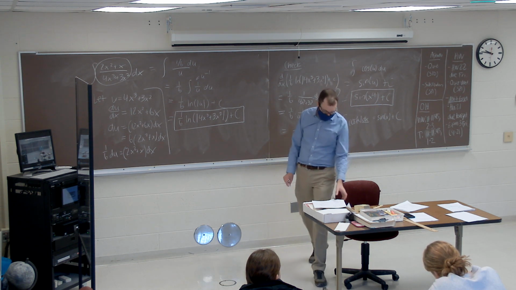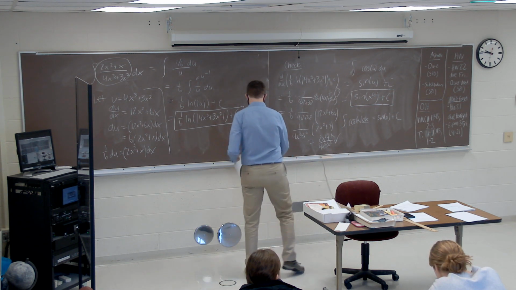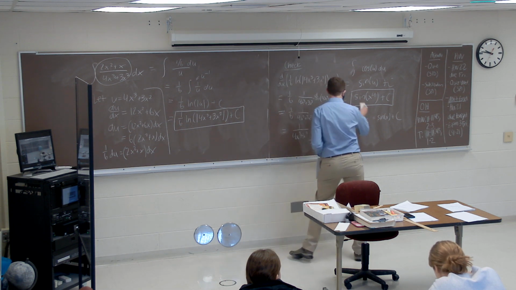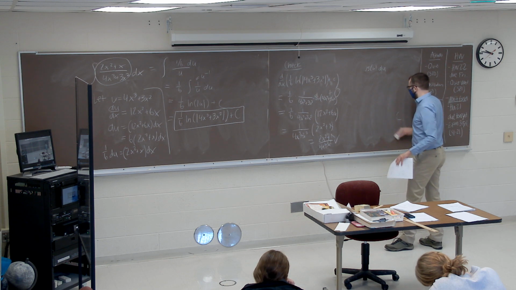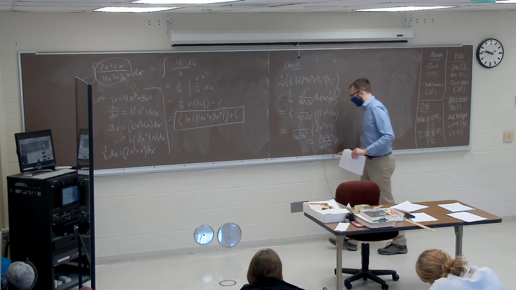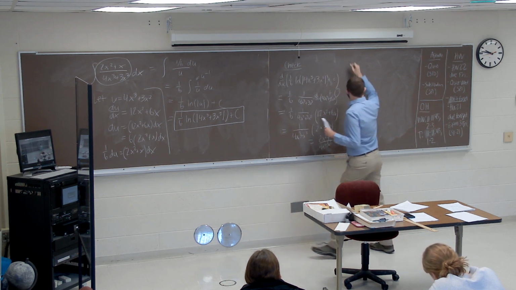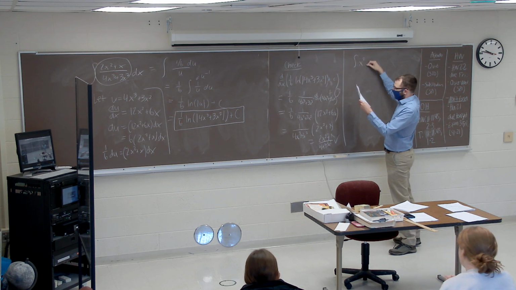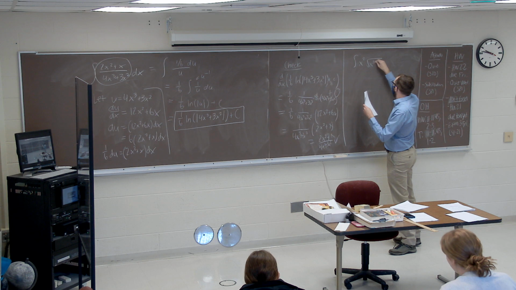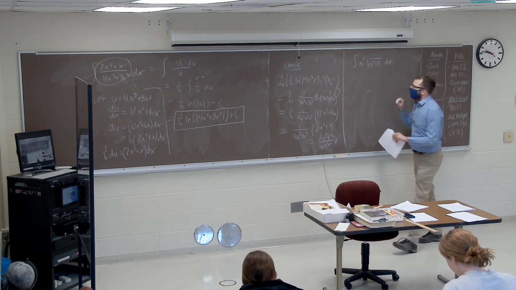Let's do one more. Let's set up one more, so everybody is on the same page. Let's do the integral of x squared times the square root of x cubed plus 1.